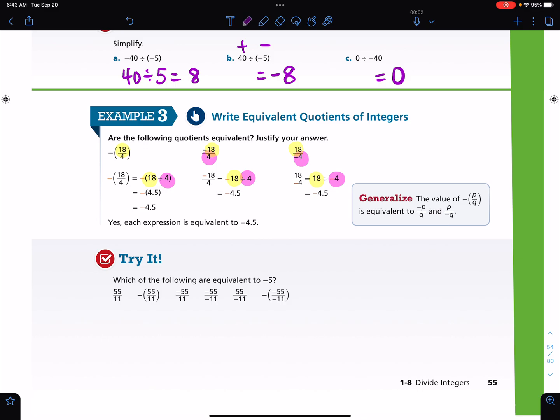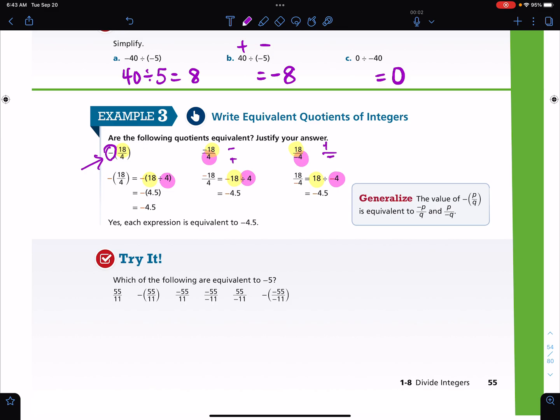But you're supposed to be focusing on the fact that the negative is on the outside, so we deal with it last. This is basically just saying negative a number. This one, there's one negative and a positive. This one, there's a positive and a negative. The difference with this one is because it has that negative on the outside of the parentheses, you have to apply it at the end.